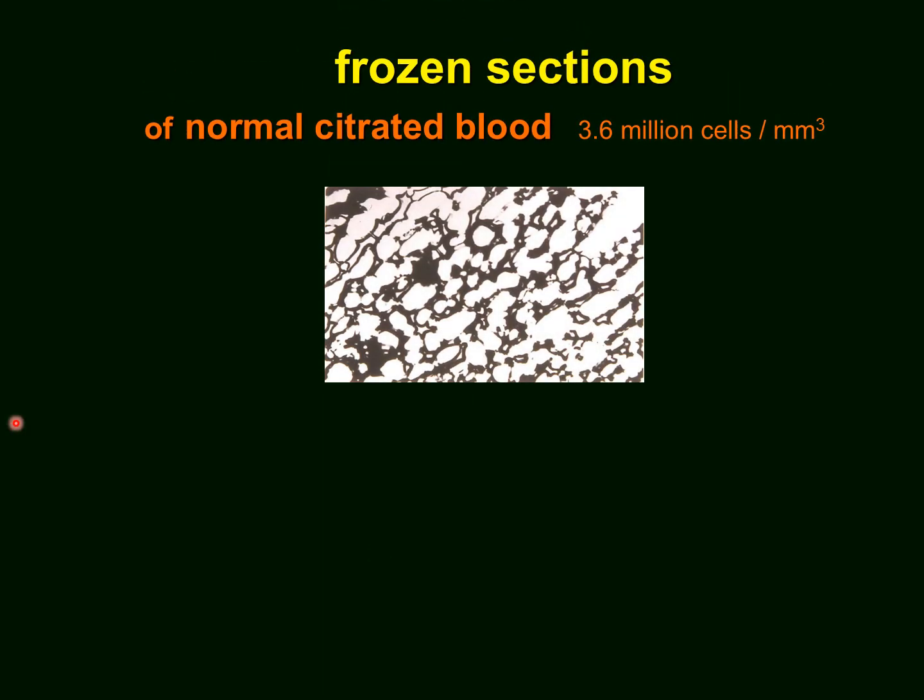In order to explain this phenomenon, we obtained frozen sections from the normal saturated blood with a cell count of 3.6 million cells per cubic millimeter. This frozen section was obtained immediately after stirring the blood sample.